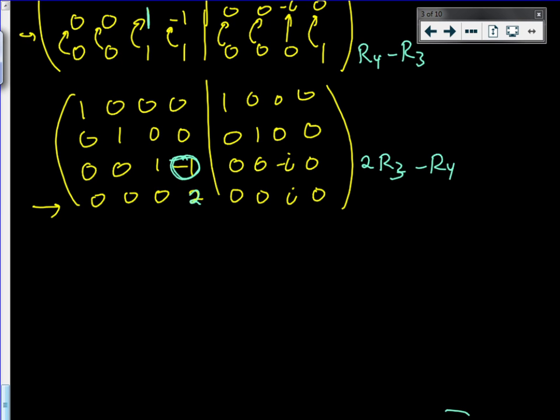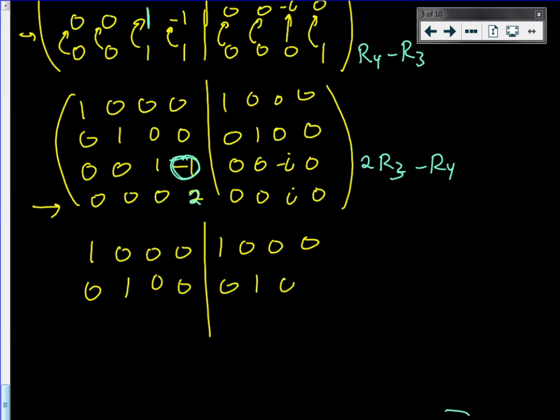Okay, so I'm not changing the first 2 rows, so we write it down: 1, 0, 0, 0, 0, 1, 0, 0, 0, 1, 0, 0.